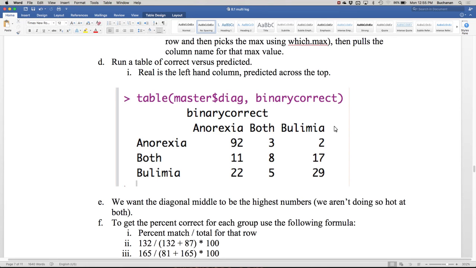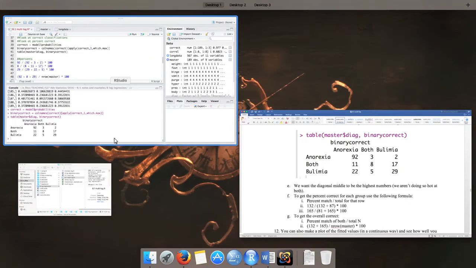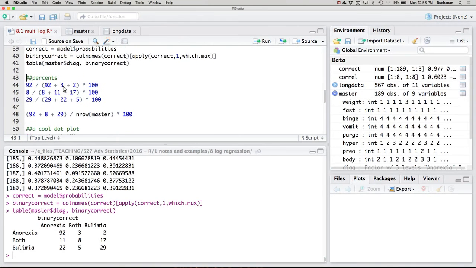So anorexia, that would be our percent correct. 8, so we got 8 right. I'm not doing very good. And 29. Okay, so remember where they line up is what you got right. Our bad battleship example. And then I forgot to change these to the real numbers, but I have them in here. Okay. So to calculate the percent, it's the correct over the total for that row only.